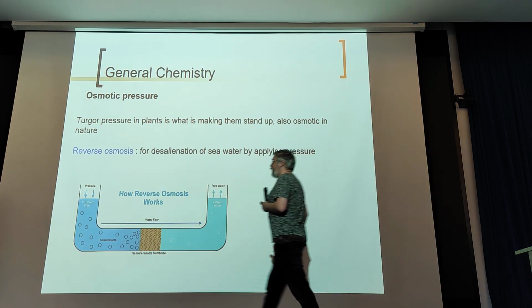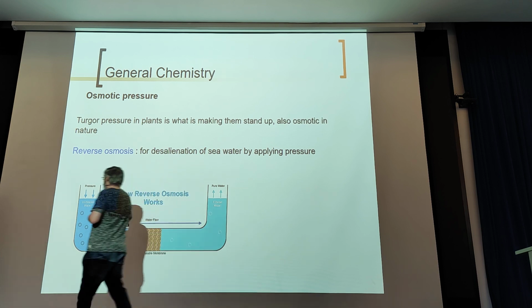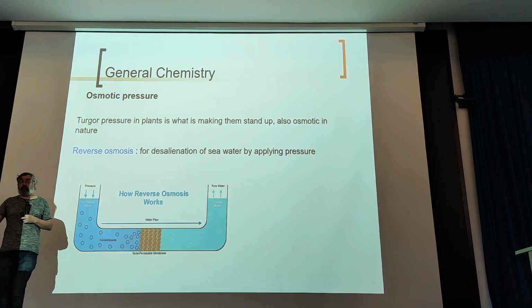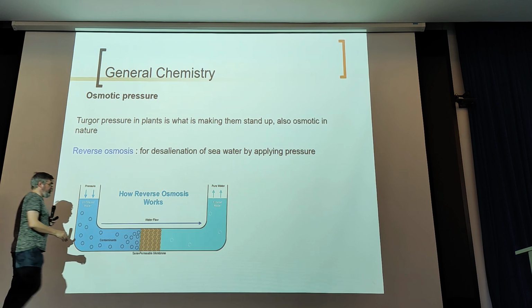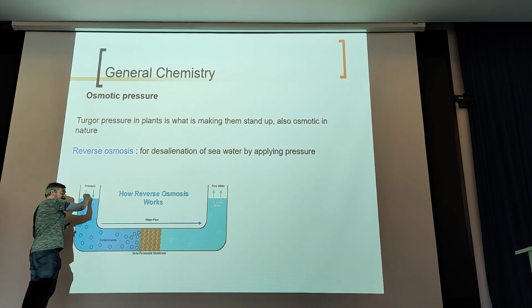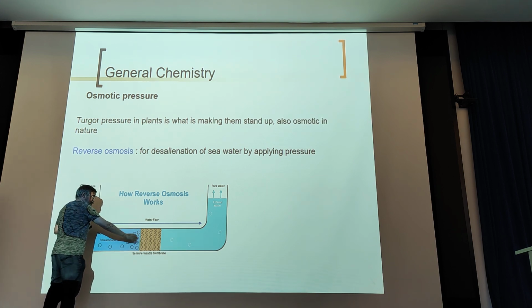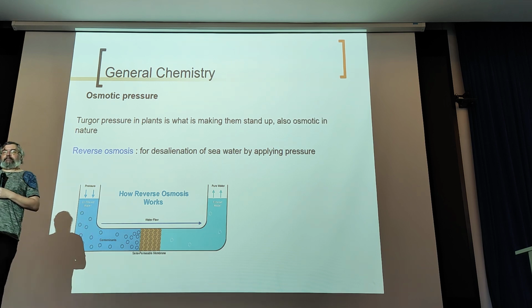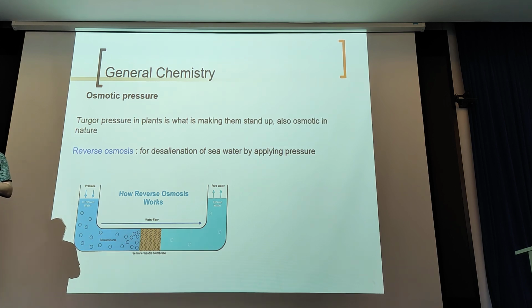So here we have seawater, which contains sodium chloride and other salts. Here we have the membrane, and we apply the pressure. We push the water through, but all the compounds that we don't want, the salts, stay behind.